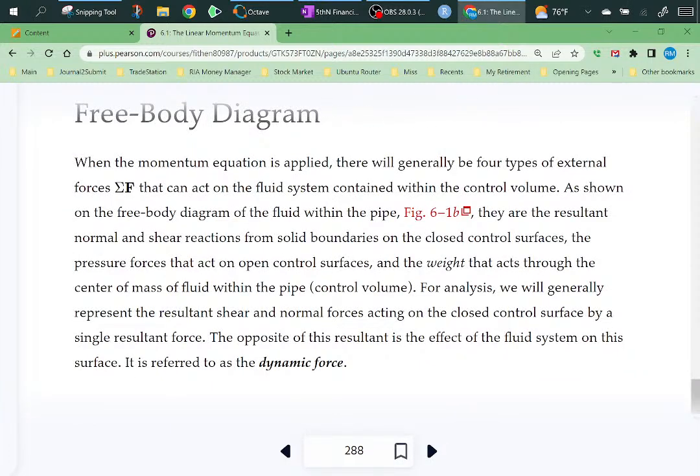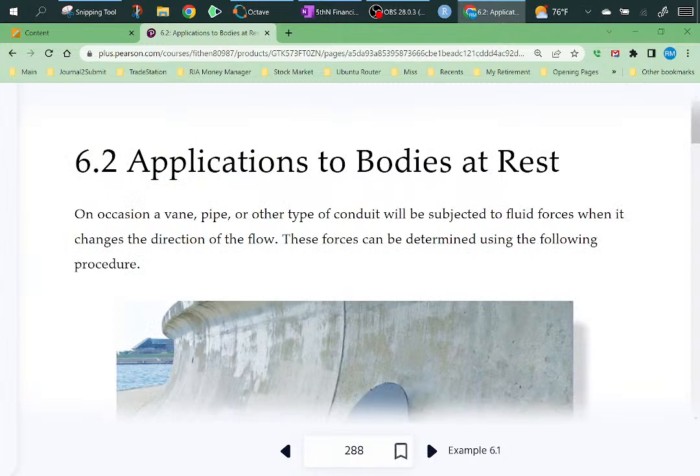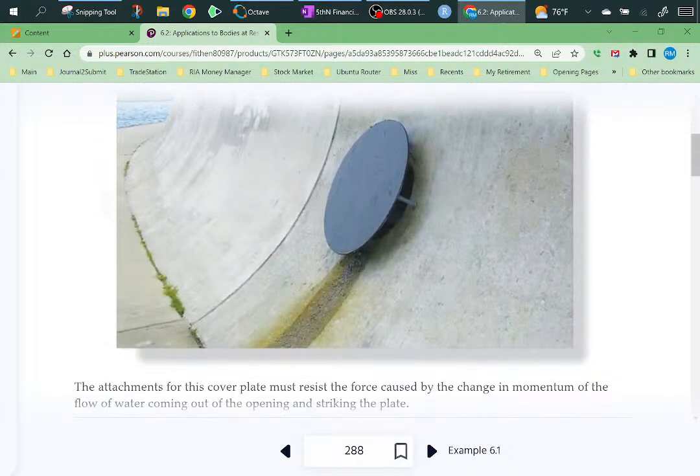Let me see if he's got a good example. Let's see what he's got. Hopefully he has a good one. If not, I'll go look for one in the problem set, which I guess I should have just done. That's a weird picture.